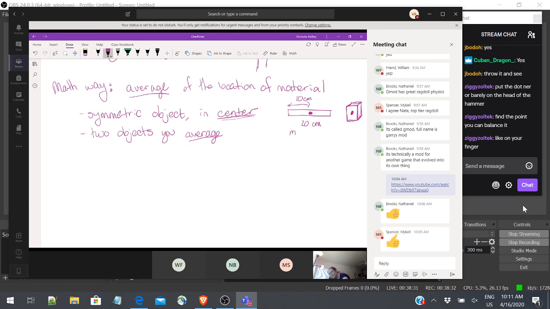And let's say this has a mass of 500 grams. And then we have a rectangular prism that is, let's say, 2 centimeters by 2 centimeters by 6 centimeters. And it has a mass of 2.5 kilograms, right? And we stick these two things together. This is like our hammer, right? So here's our first center of mass.